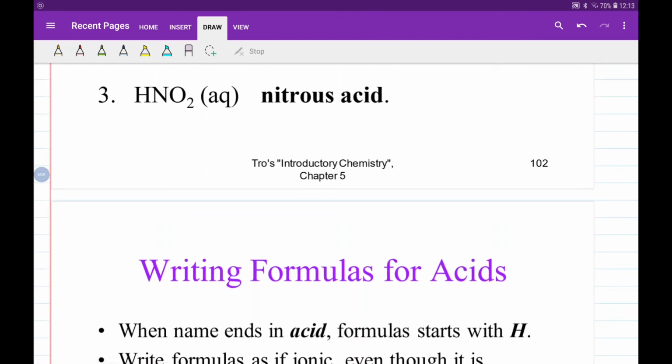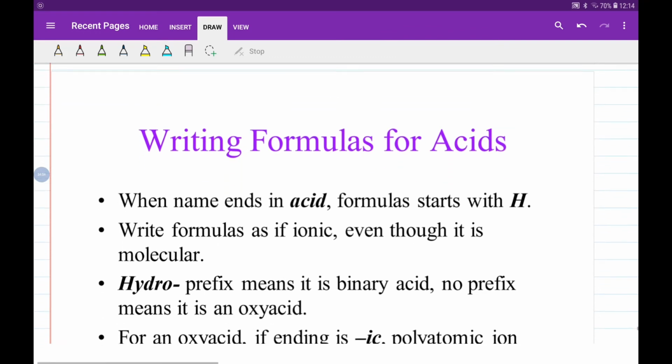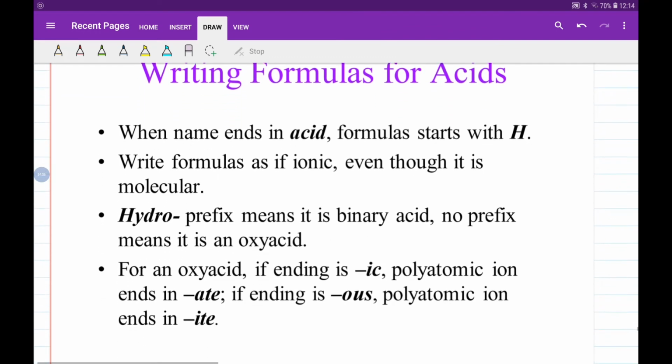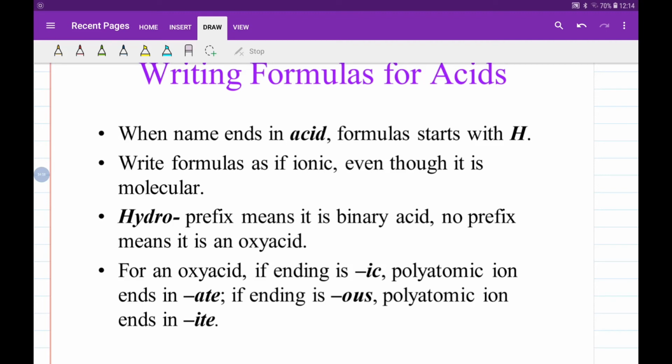Now, when it comes to writing formulas for acids, it's always based on what we learned how to name it. We're just going to reverse engineer that. We're going to go back with it.